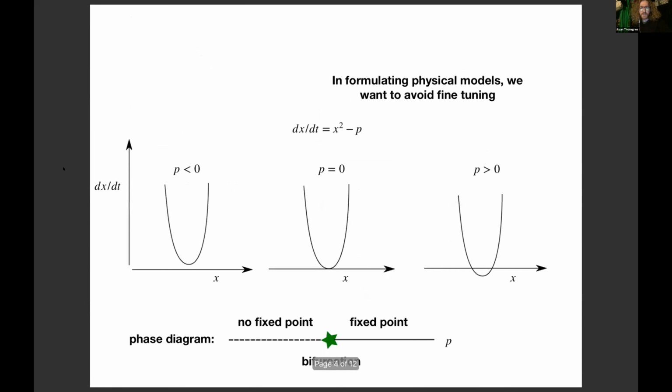Now, to address a point from the beginning, where I said that this model is finely tuned, so it's not reasonable, but we can add one parameter and suddenly it is reasonable. What does that mean?